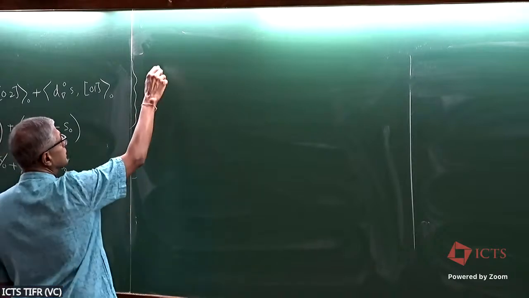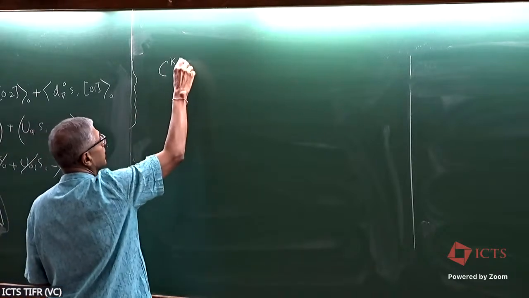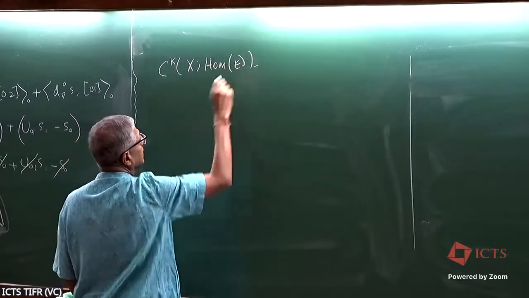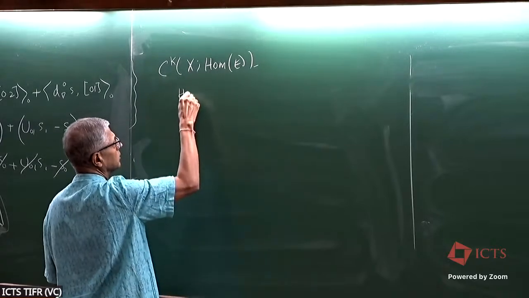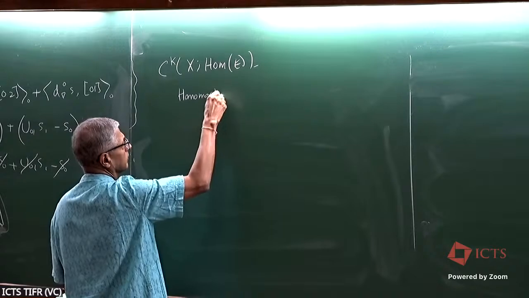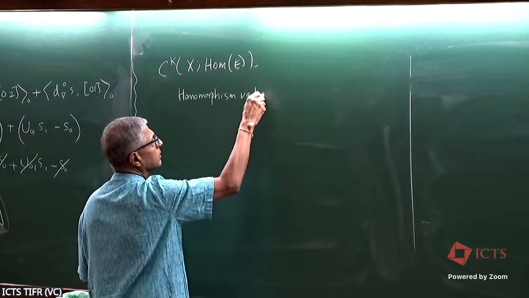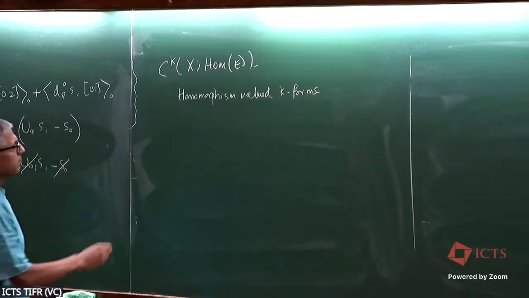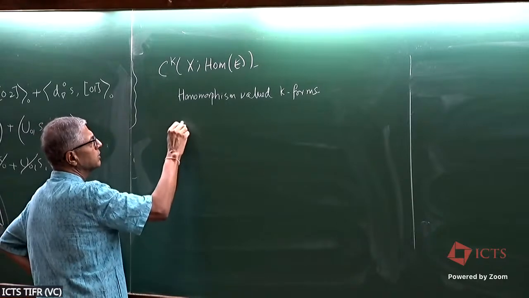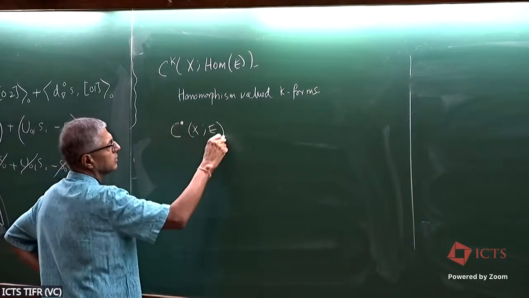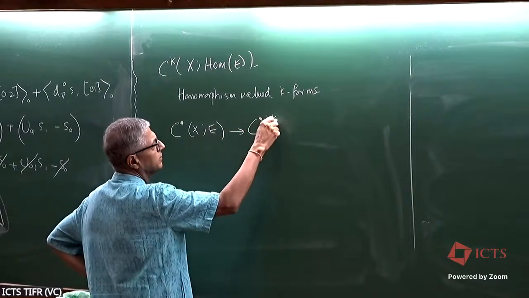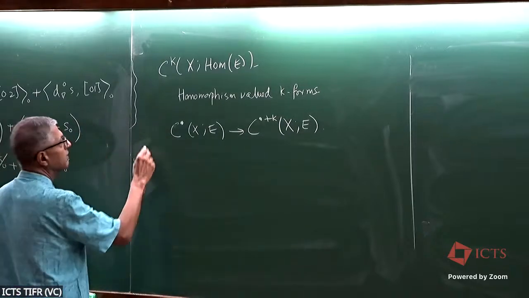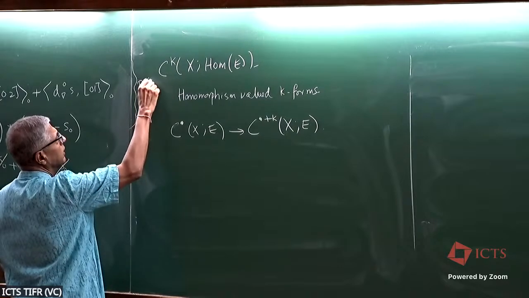So the space C, K, X, E. So this is the space of homomorphism valued K forms. So these are maps from C something to C something plus K. And on a simplex, let's take some B living here.